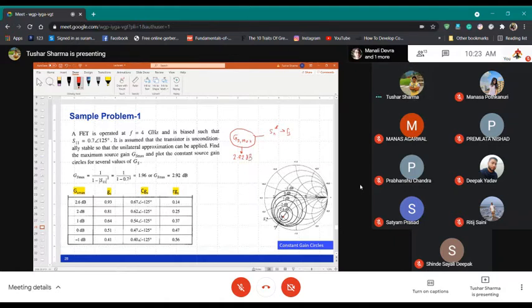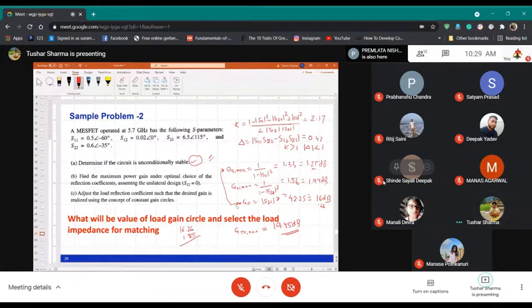From 2.92 dB, gain of 17.51 dB. Now the question is, how much gain is left? The gain which is left is 19.45 minus 17.51, which is roughly 0.49 dB. So your load gain, what you need, is around 0.49 dB.